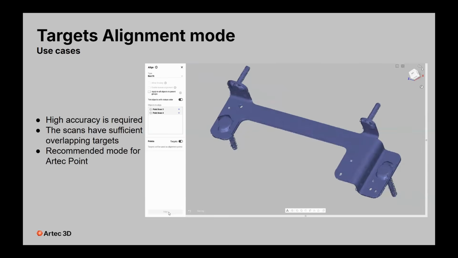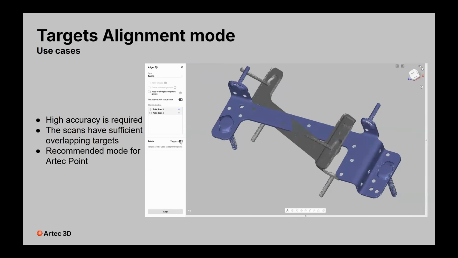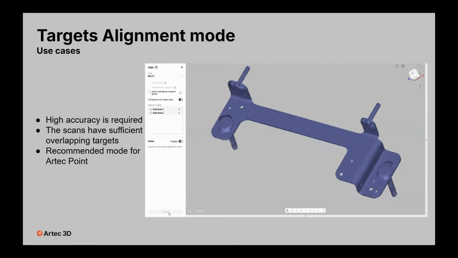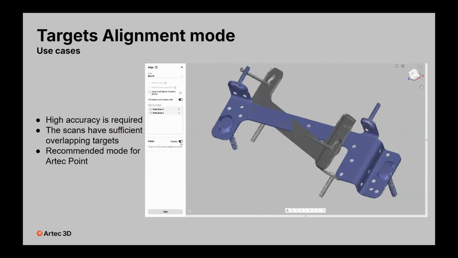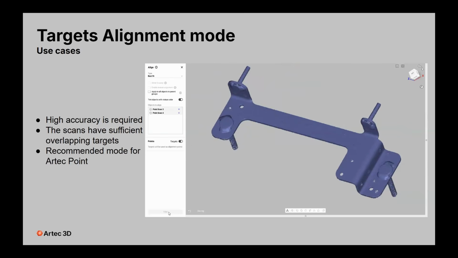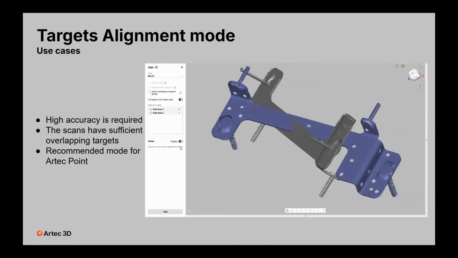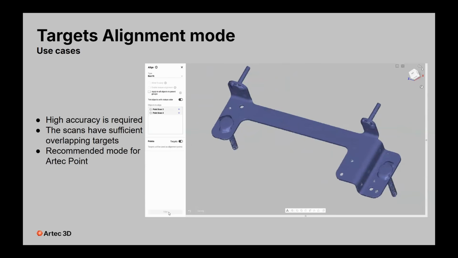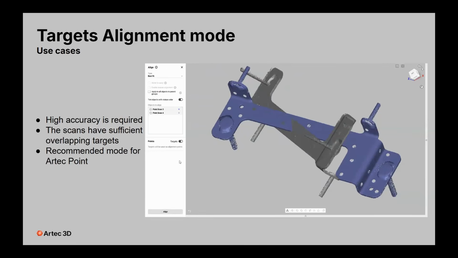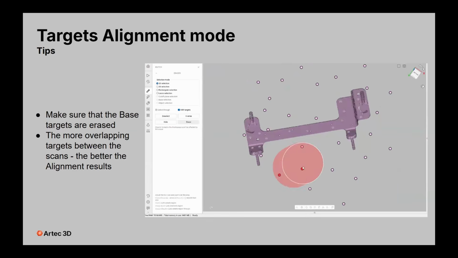And of course, the scans should have sufficient overlapping targets. It's the same as for the manual approach when you don't have any targets at all. Here you should have at least four targets overlap between your two objects to get an alignment result.